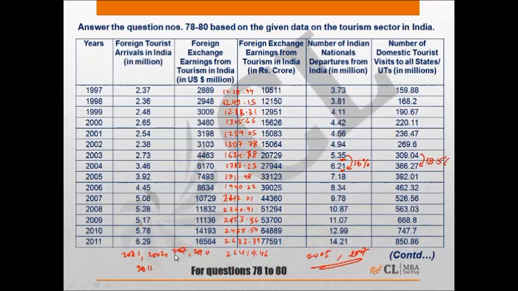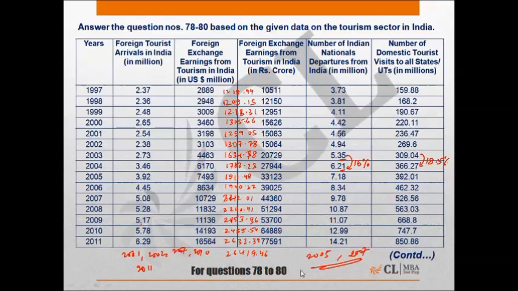Here we just need to find the ratio of the figures given for these years in the column for foreign exchange earnings from tourism in India in terms of rupees to that of foreign exchange earnings from tourism in India in dollars.